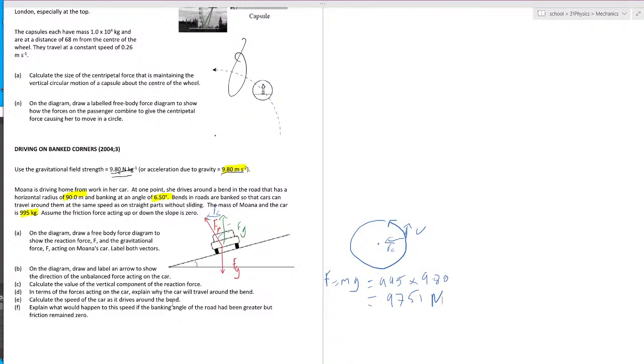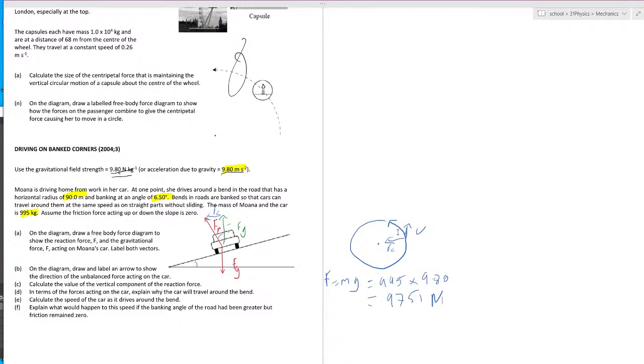In terms of the forces acting on the car, explain why the car will travel around the bend. So this is where maybe this little diagram is going to come in handy. We've got a velocity which is acting at right angles to the centripetal force. So we're going to talk about the unbalanced force.